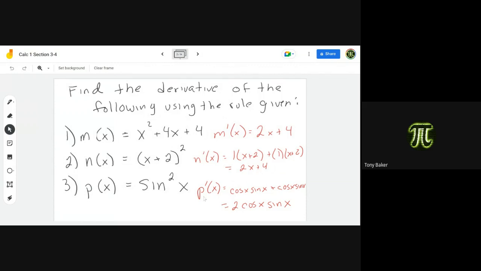There's another way that we're going to look at today, what's known as the chain rule. The chain rule allows us to do things that are functions inside of other functions. So like the x plus 2 squared, that's a function inside of the squared. Or sine x squared, that's a function inside of it.